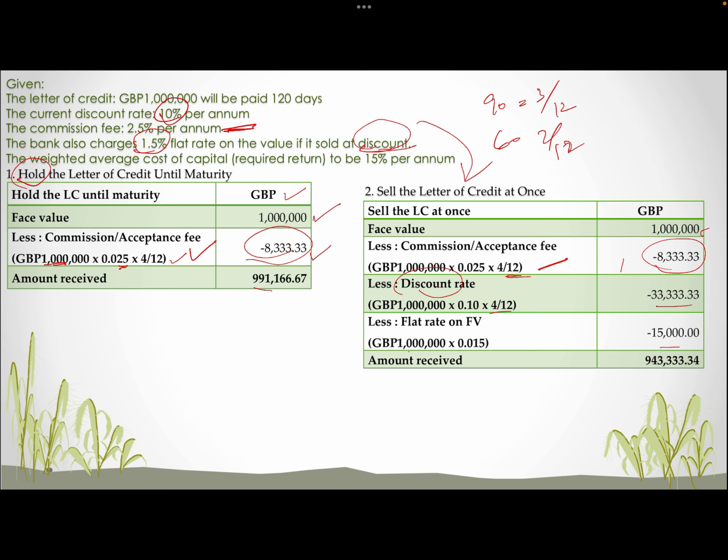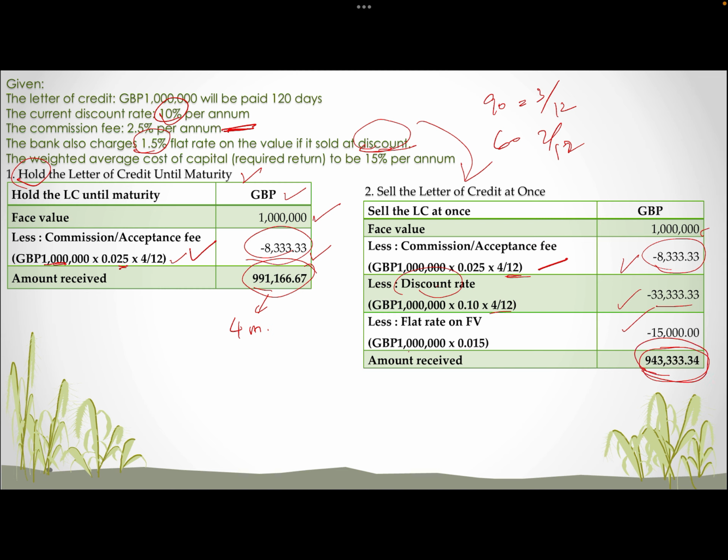After we minus all of this, you will get 943,333.34. For the option to hold the letter, the amount is after 4 months, and this value is now.